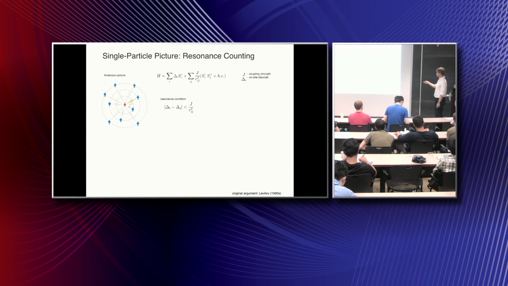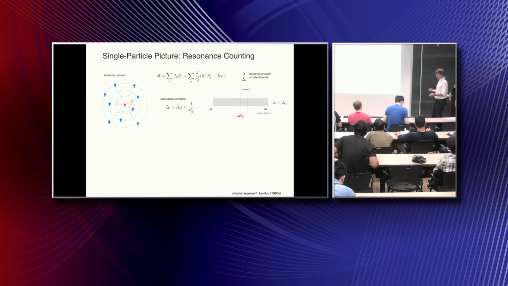Suppose that you want to find a blue spin to which this spin can relax, and the resonance condition tells us that the two energies should be within this dipolar spin exchange interaction. So in practice, if you have a certain width of the distribution of energies, you will have only a small part of these NV centers in resonance.